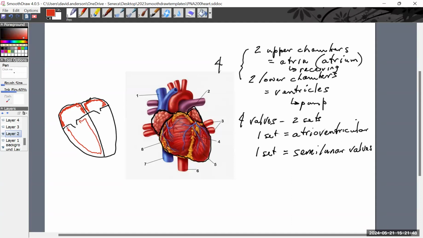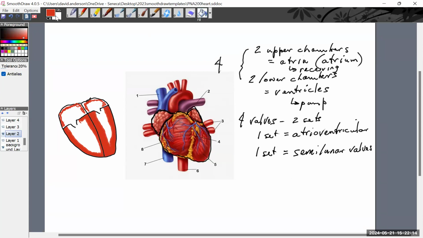They're responsible for, let's see if I did this right. Okay, and this left side has got an even thicker wall. Now let's see if I did that right.